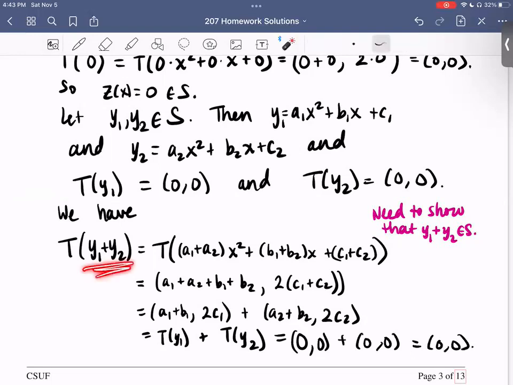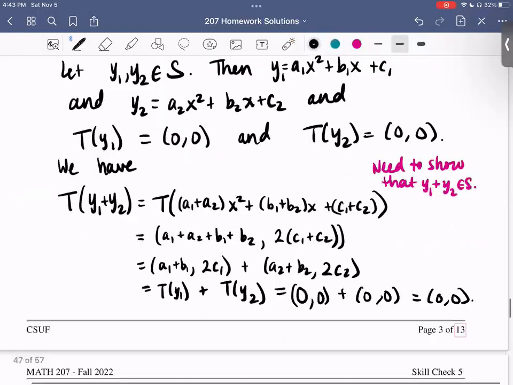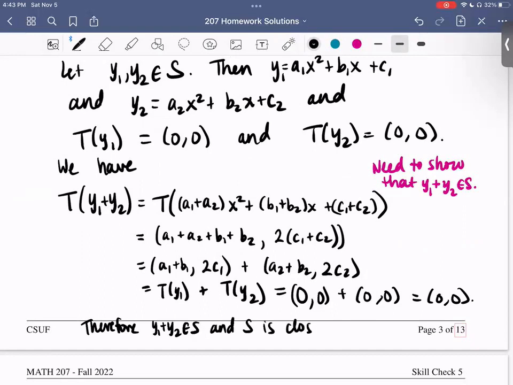When I apply the transformation to y1 plus y2, I get the zero vector. So here I would say, therefore, y1 plus y2 is in S, and S is closed under addition. That's one part of the subspace proof.